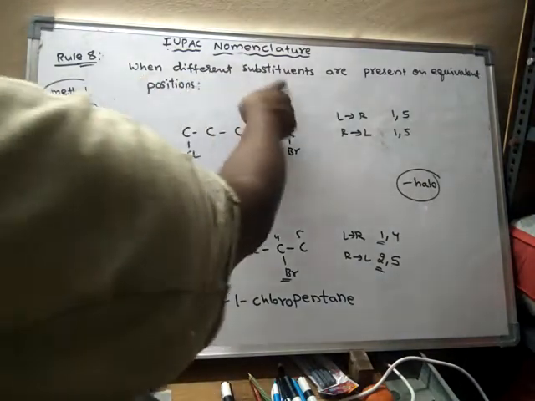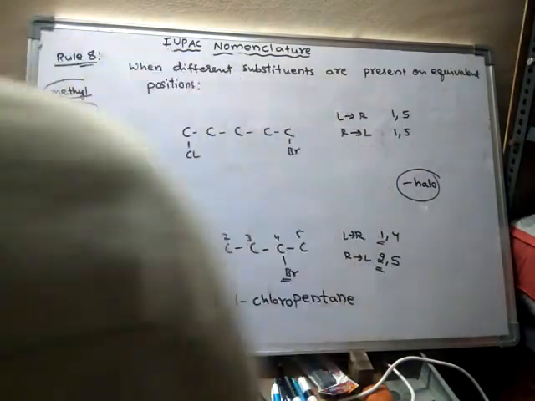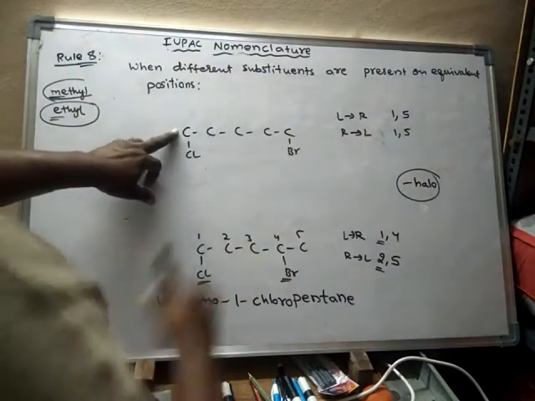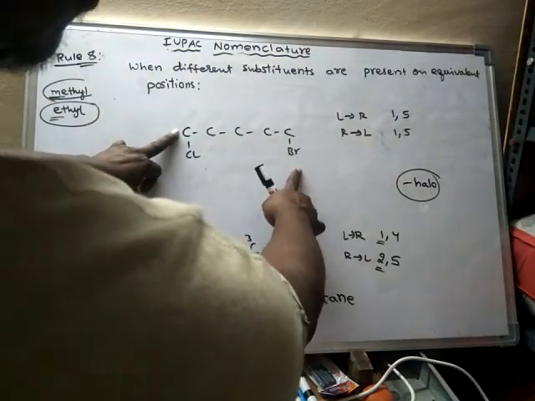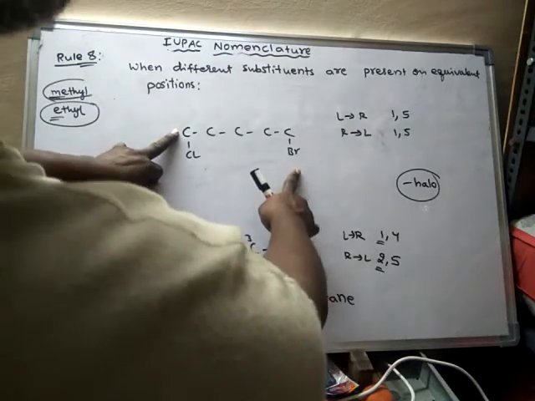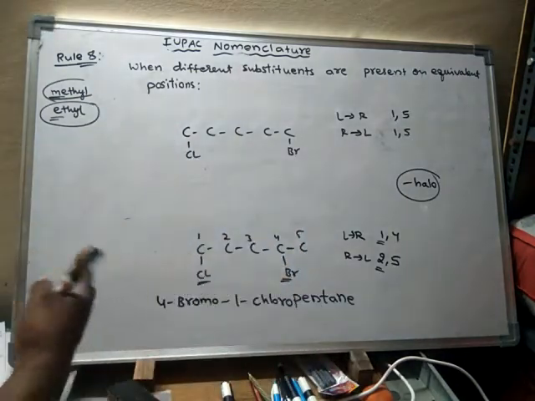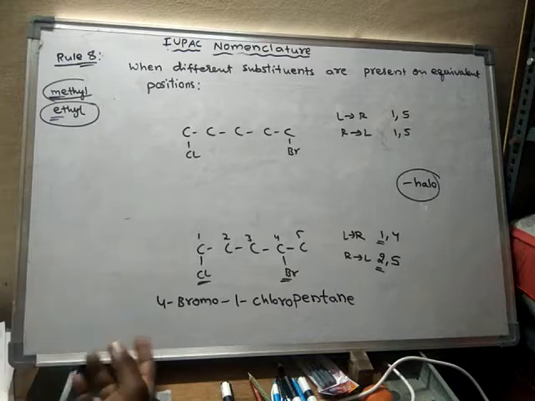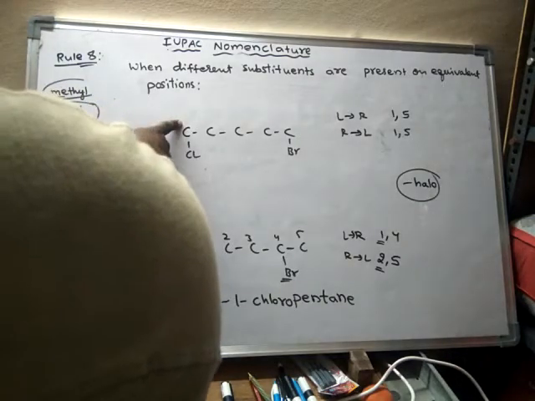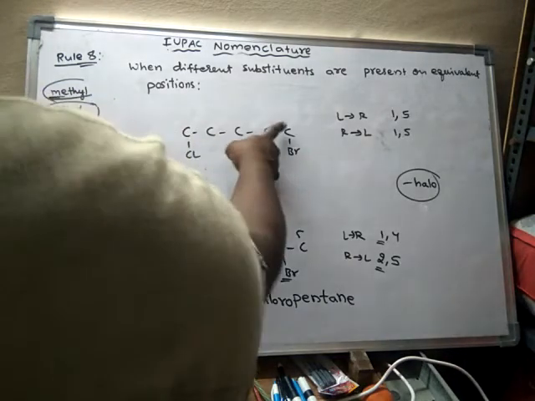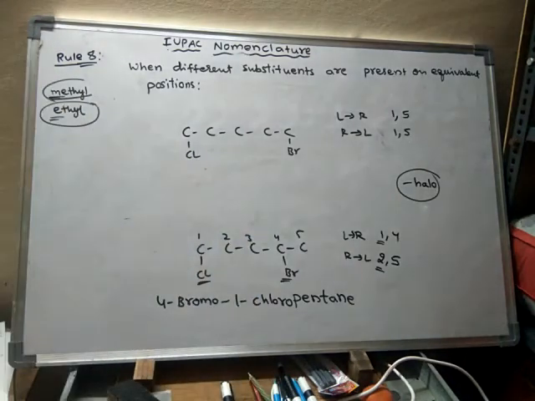That means different substituents are present on equivalent positions. This carbon is number 1, and even this carbon is also number 1 in the opposite direction. Equivalent position means this carbon gets number 1 and this carbon also gets number 1 in the opposite direction. If that is the case, which direction do we have to follow?